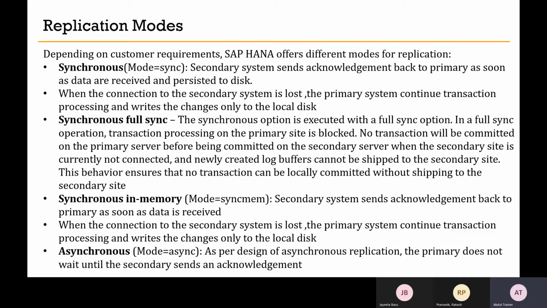In the full sync, if your secondary is lost, then the primary will not take any transactions. So after that, if the primary crashes, you have the secondary data up to date. Got it? Yeah, but in full sync, we have downtime involved, right? Not downtime, the connection.